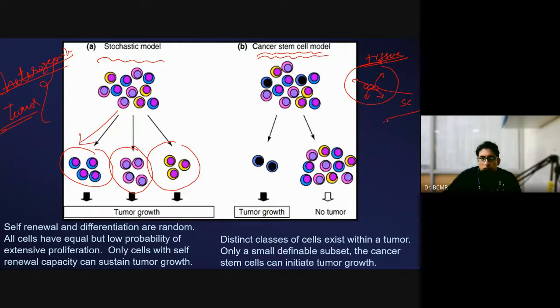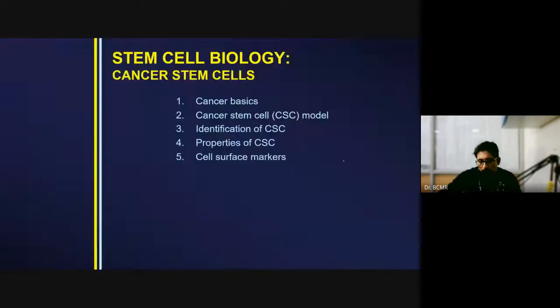That is the essence of cancer stem cells. In that sense, only a few cells can actually give rise to a tumor, while the others cannot. That is the cancer stem cell model, and it is relatively well accepted too.